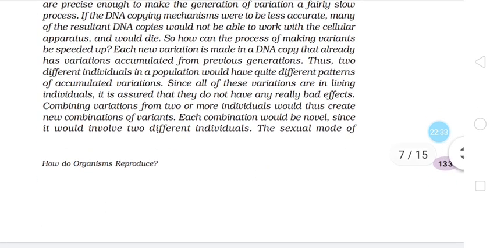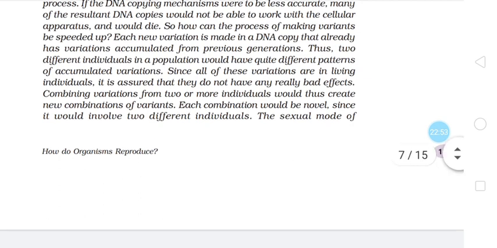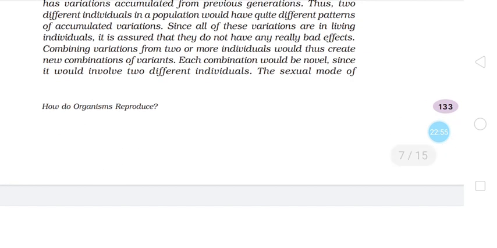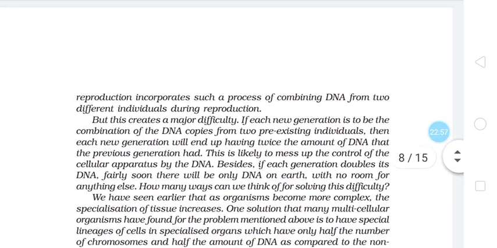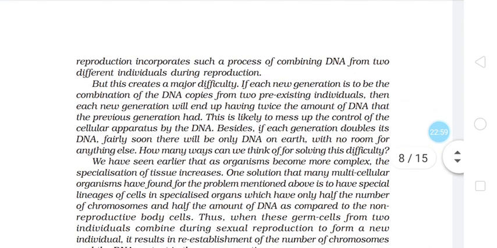Since all these variations are in living individuals, it is assured that they do not have any really bad effects. Combining variations from two or more individuals would thus create new combinations of variations. Each combination would be novel since it would involve two different individuals. The sexual mode of reproduction incorporates such a process of combining DNA from two different individuals during reproduction.